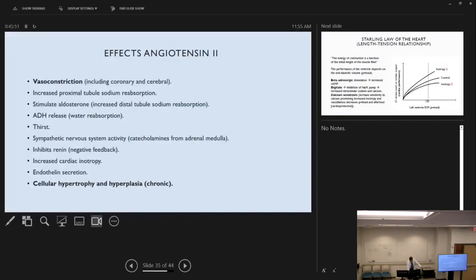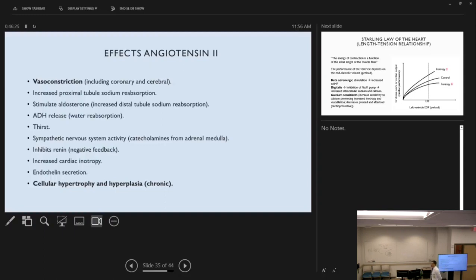Then you have all these effects, but the one I want you to pay attention to is the last one. So you understand why we use ACE inhibitors even if the patients have normal blood pressure. Because when someone has hypertension for a long time, or chronic tissue injury for a long time, the effects of angiotensin II are going to lead to cellular hypertrophy and hyperplasia of the tissues.